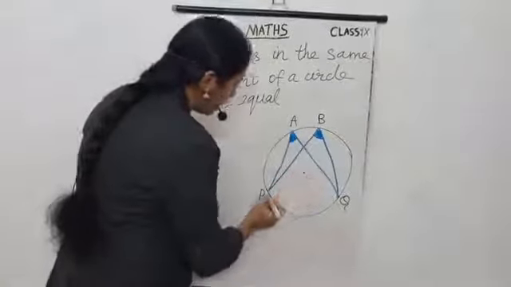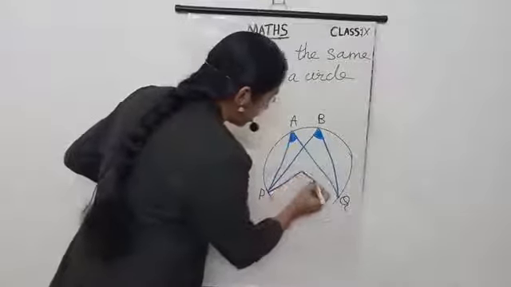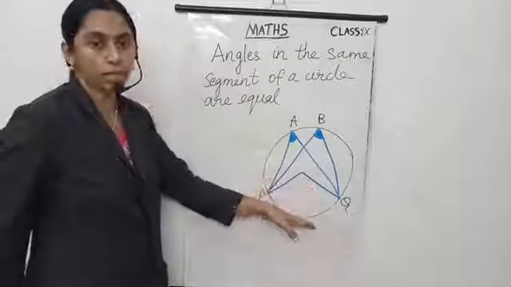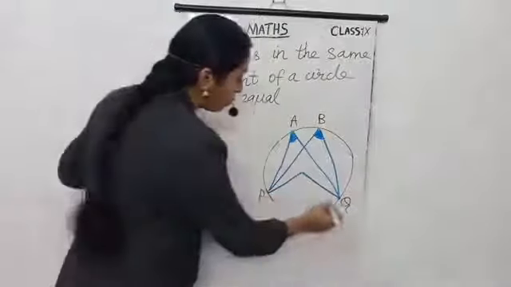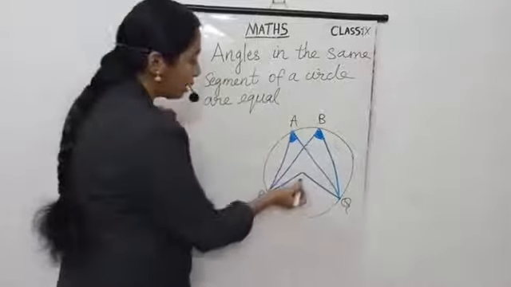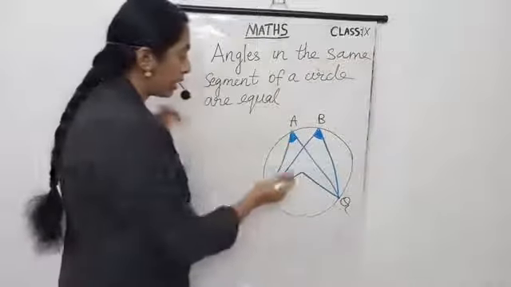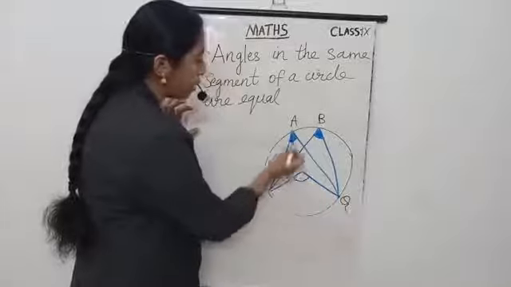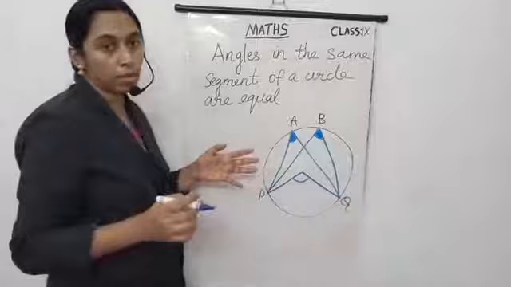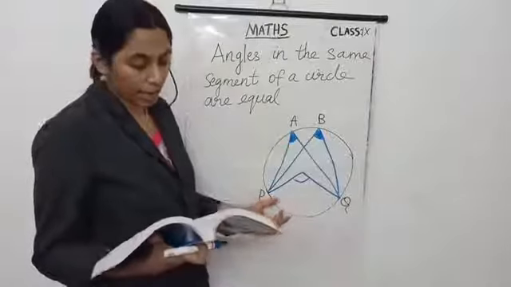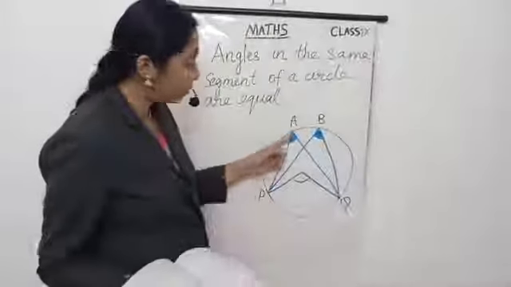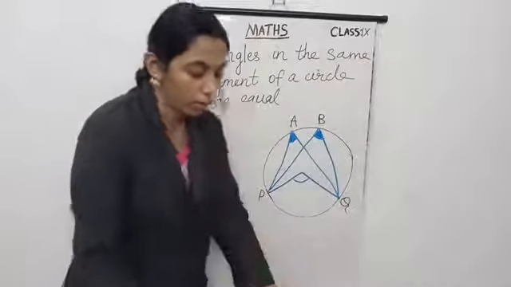Now consider this arc makes an angle at the center, or this chord subtends an angle at the center. In theorem 10.8 we learned that the angle subtended by an arc at the center is double the angle subtended at any point on the remaining part of the circle.